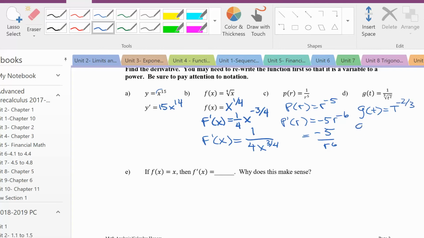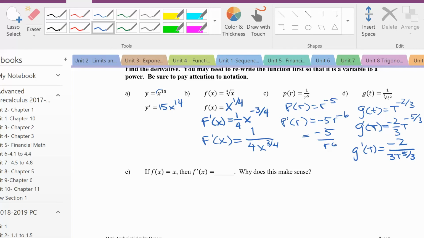So when you take the derivative, negative 2/3 t to the negative 5/3, which simplifies to negative 2 over 3 times t to the 5/3.